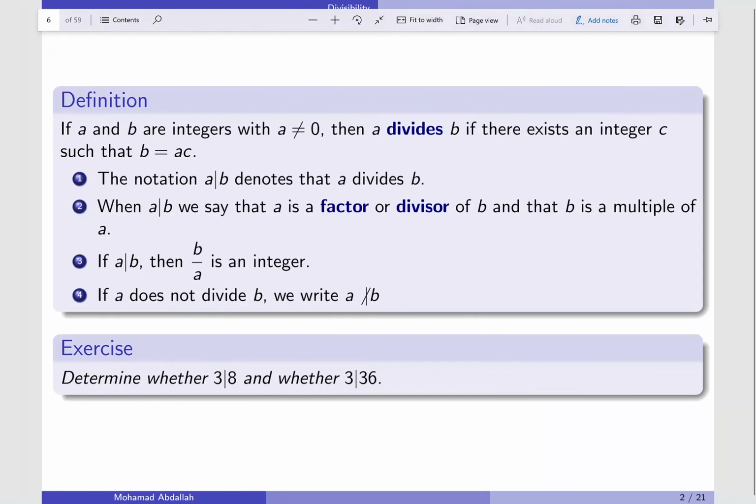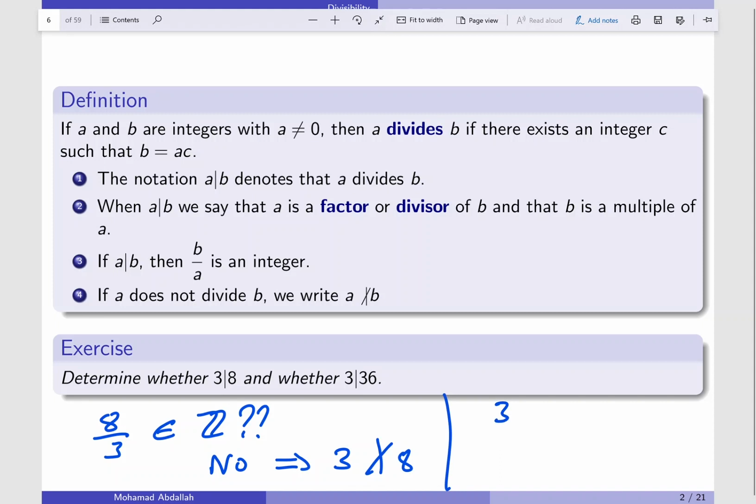A simple exercise here: determine whether 3 divides 8 and whether 3 divides 36. An easy test to do that is the third property here: if A divides B, then B over A is an integer. Let's check. Is 8 over 3 an integer? Clearly no. So this means that 3 does not divide 8.